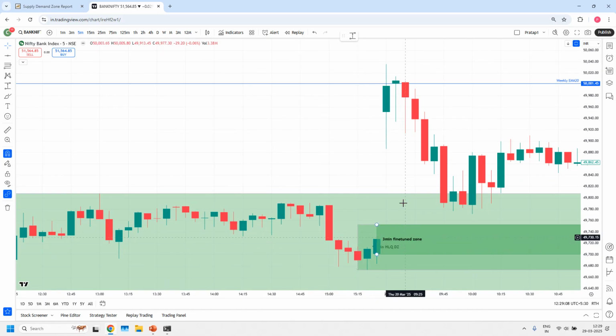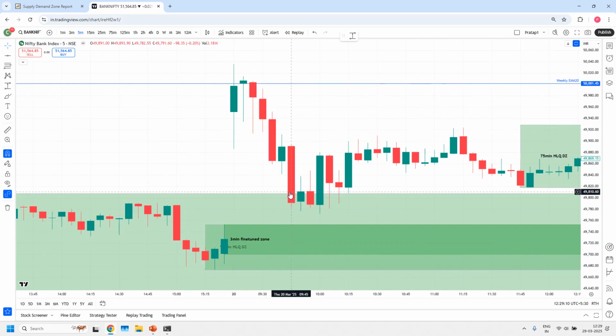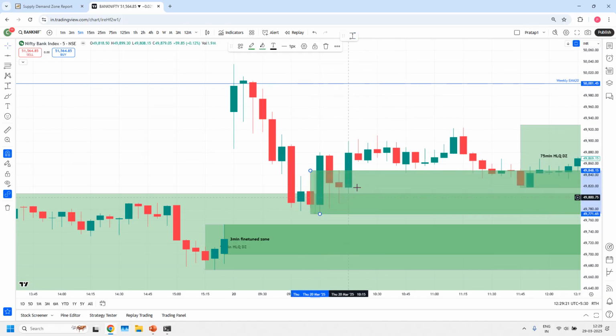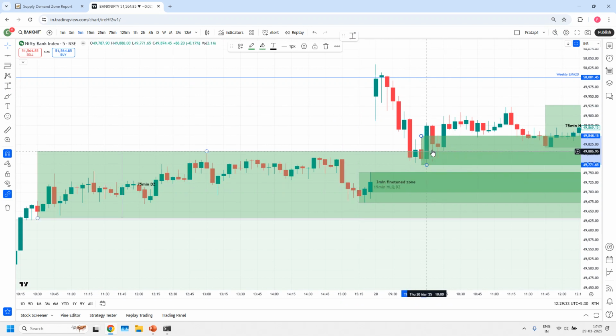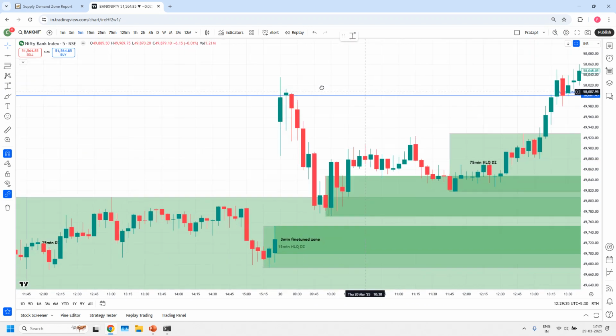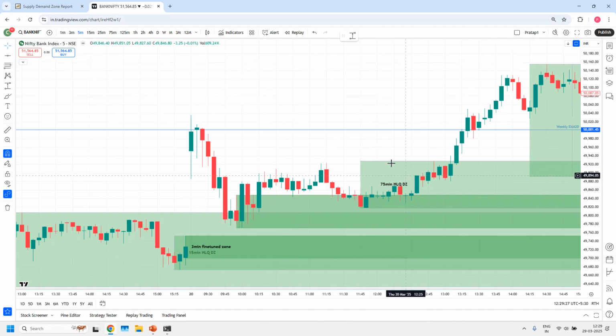This is 19, somewhere here. Yes, 23,945, 2 base candles and rally. You might have drawn a zone like this. Did you notice this zone is acting as an origin to this 75 minutes high liquidity demand zone?